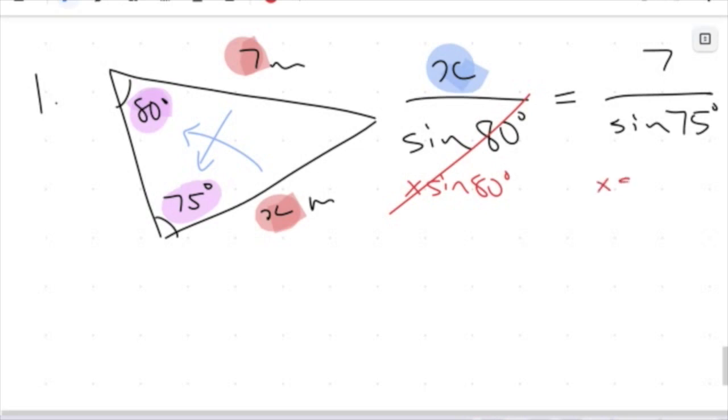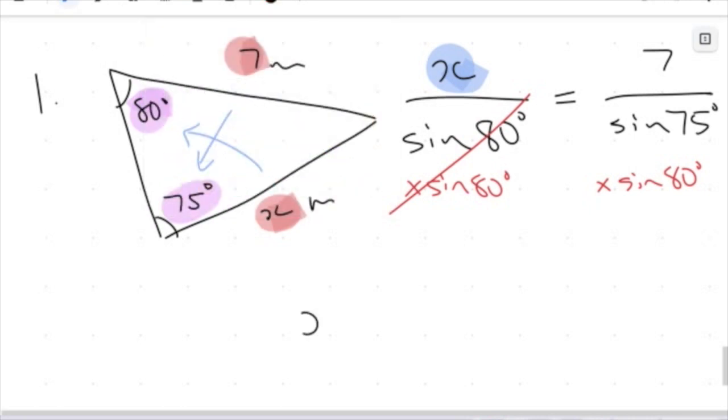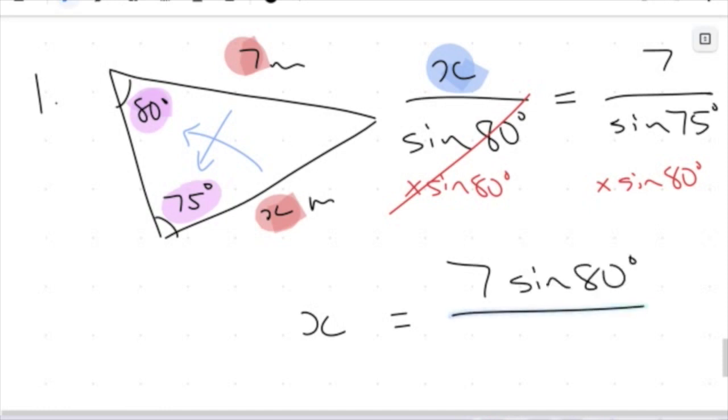So that's going to give me x equals 7, multiplied by sine of 80, a whole number, so that's going to go on the numerator, and that all is getting divided by sine of 75 degrees.